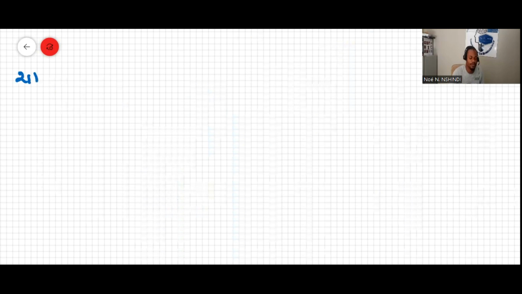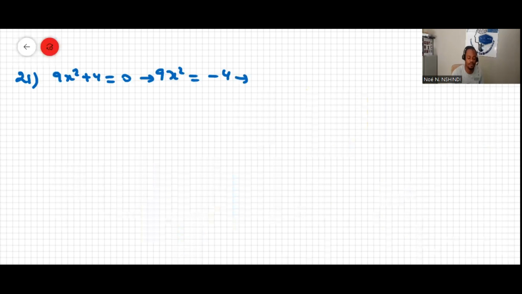Question 21. 9x squared plus 4 equals 0. So this would mean that x squared would be equal to negative 4. Okay, 9x squared with negative 4. So x squared will be equal to negative 4 over 9. Okay, again, if we square root here and we square root there, this is a square root of a negative number.